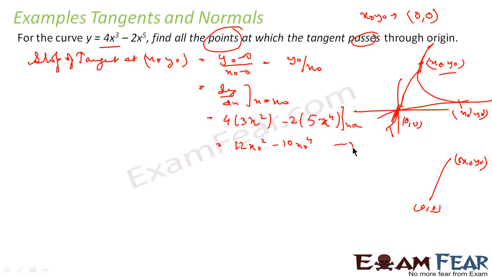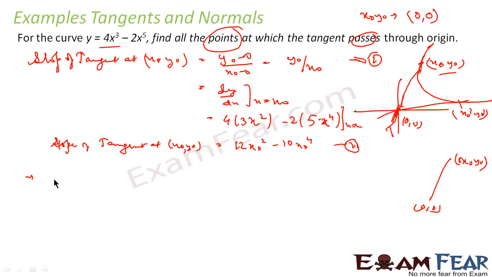So this is my equation number 2, that is slope of tangent at x0, y0. So if you see, this is my equation number 1 and this is my equation number 2. Both these equations we are talking about slope of tangent at x0, y0. So I can equate these two equations actually.